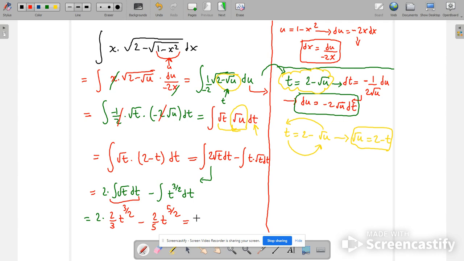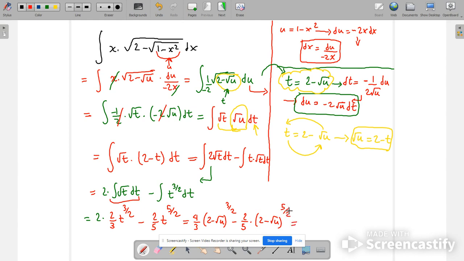So this would be 4/3 times 2 minus square root of u, to the 3 halves, minus, and the last part is 2/5 times t, which is 2 minus the square root of u, to the 5 halves.